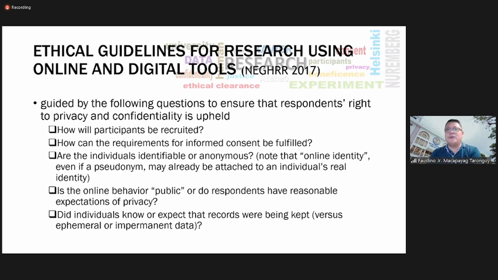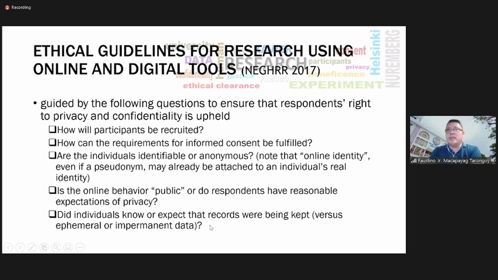Since it's online, how are you going to recruit them? You cannot just approach them, unlike in face-to-face, where you can approach them while they are walking in the street. So how are you going to recruit them? How are you going to obtain their informed consent? How are you going to even explain to them what they are getting into?